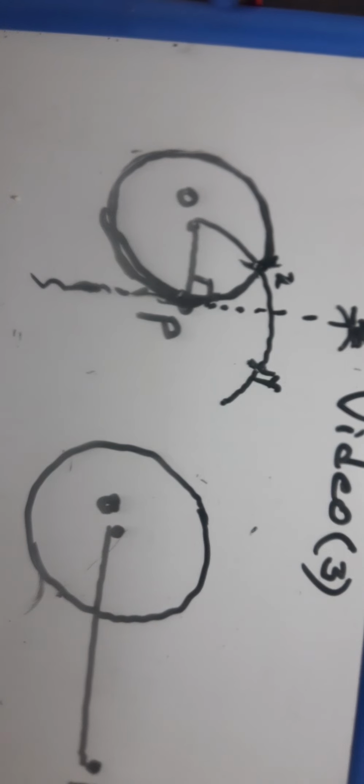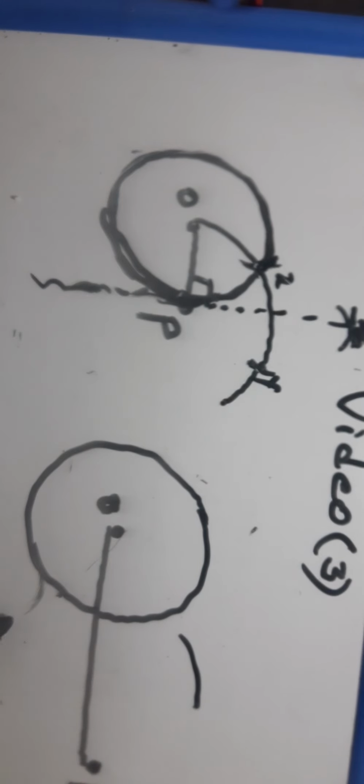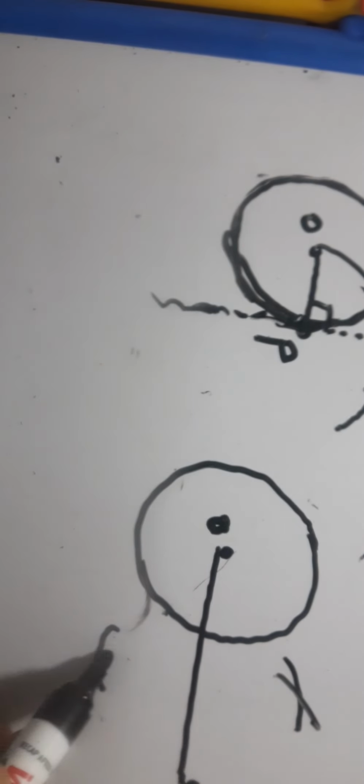And to draw a perpendicular bisector, you have already done in your lower classes. But still, if you don't remember, you just listen now here. With the center O and radius more than half, approximately more than half, draw an arc here and here also. Both sides you have to draw arc. Okay? Then, now with center P and same radius, cut the former arcs.